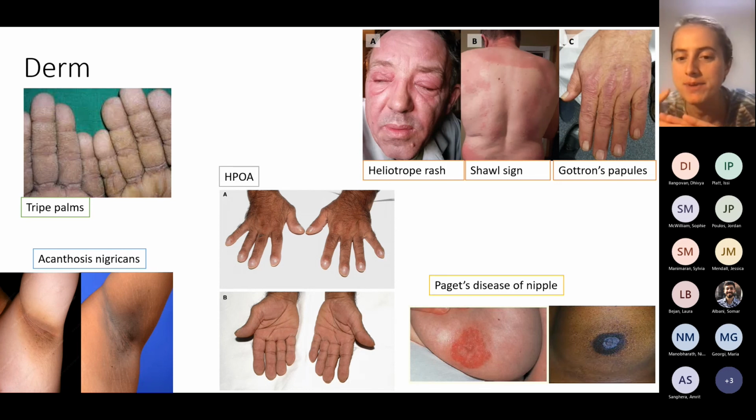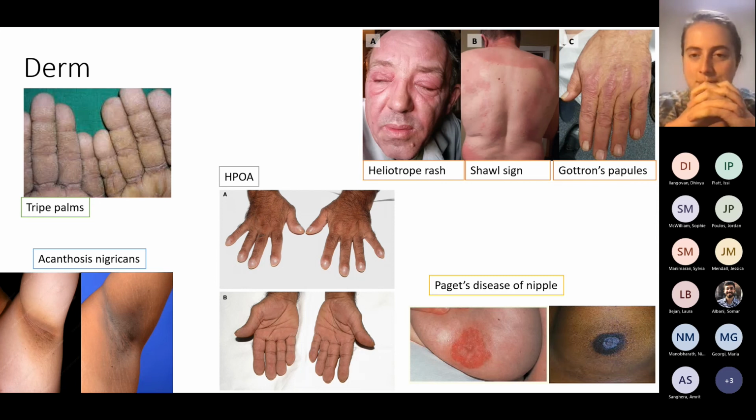Or does anyone know what tripe is? It's basically the lining of the stomach of different animals, and some people do eat it. So you can call it tripe palms or velvet palms. Yeah, for gastric cancer. Excellent.